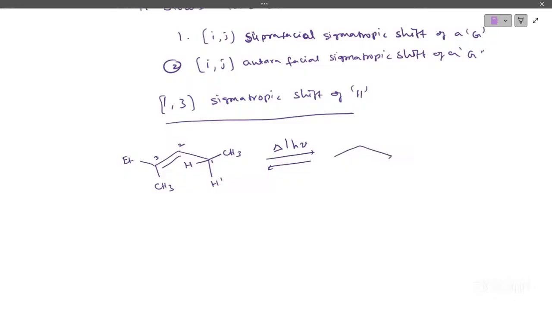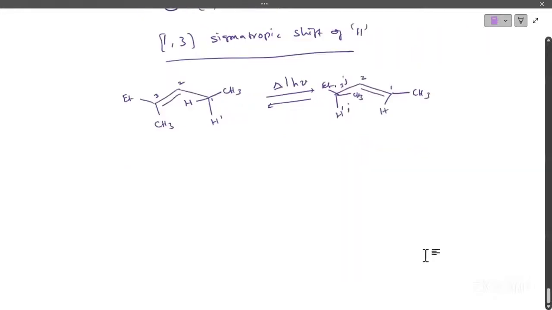Now this is hydrogen, CH3, and this hydrogen is migrating to this position, the ethyl group, and here the methyl group is here. The double bond is shifted to here. This is known as a 1 comma 3 sigmatropic shift of hydrogen. Why is this 1 comma 3? As per our previous numbering 1, 2, 3, this is the i value, this is the j value. i comma j, 1 comma 3 sigmatropic shift.